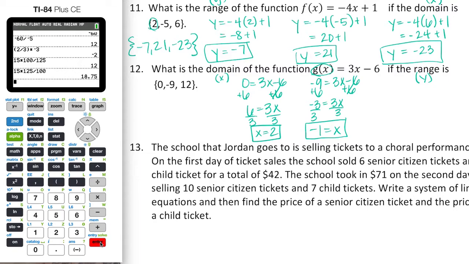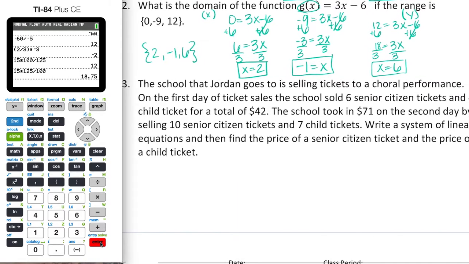And our last one, we're going to have 12 equals 3x minus 6. Add 6 to both sides. 18 equals 3x. Divide by 3, and x equals 6. So our domain values are going to be 2, -1, and 6.